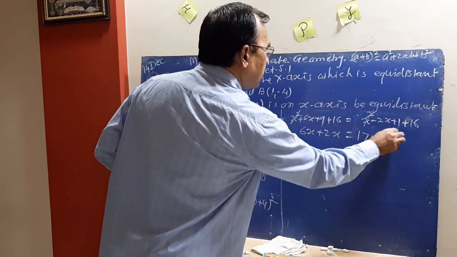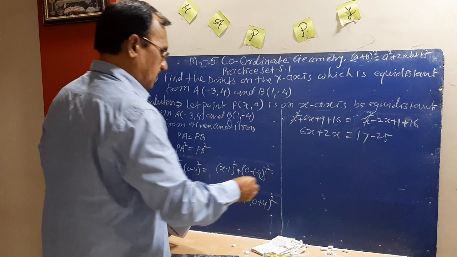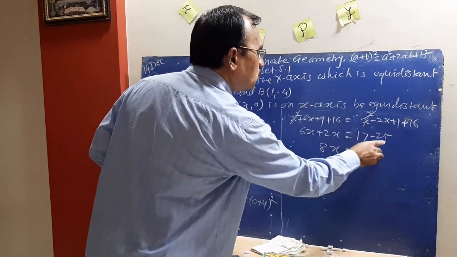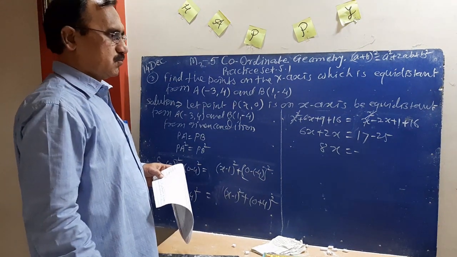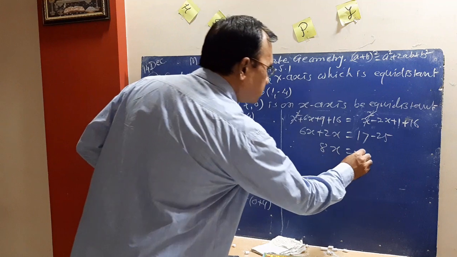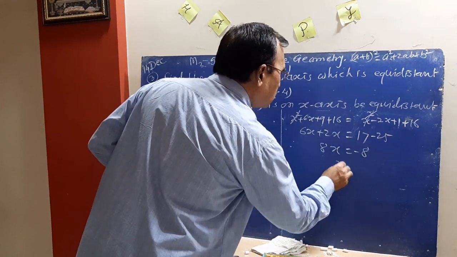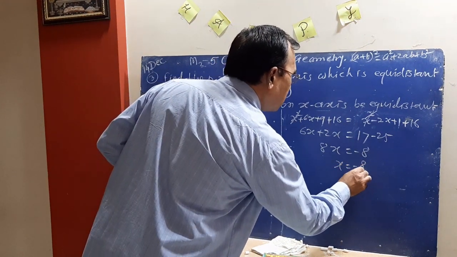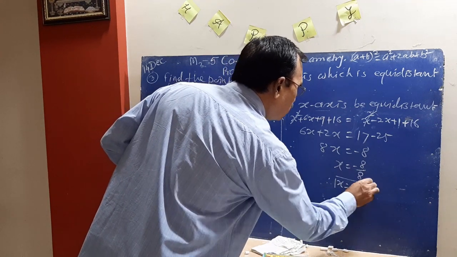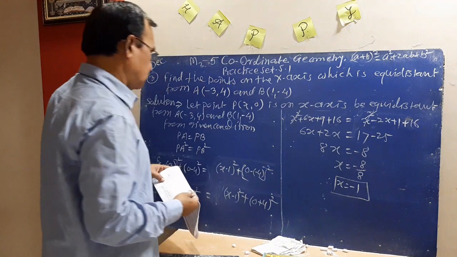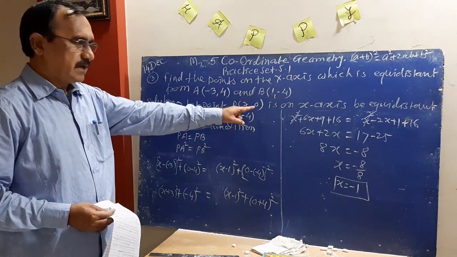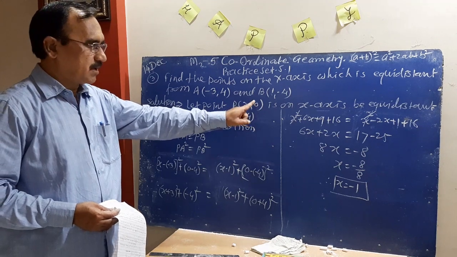Take minus 25 here, and 6x plus 2x is 8x is equal to 17 minus 25, which is minus 8, and therefore x is equal to minus 8 upon 8. 8 ones are 8, so x is equal to minus 1. That means the coordinate of x is minus 1 and the coordinate of y is 0, already given.